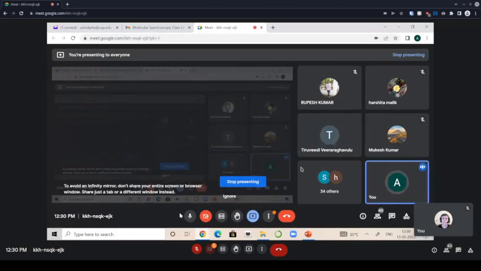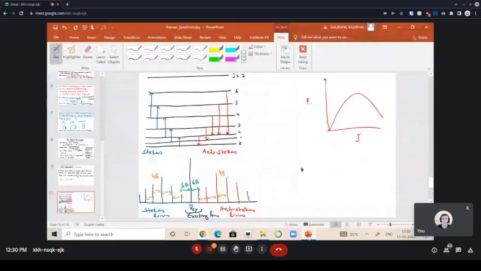So here, what are the Stokes and anti-Stokes lines, what was the definition actually? When we discuss the quantum theory of light, when a photon interacts with the molecule, the photon can give energy to that molecule, or it can gain energy from that molecule.